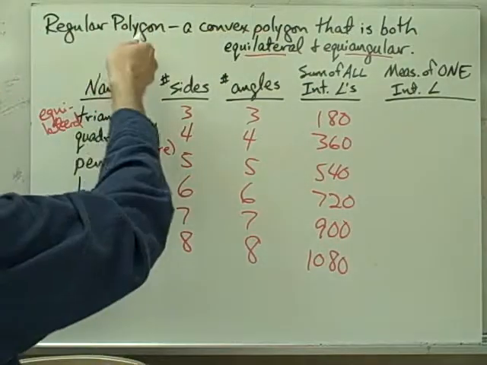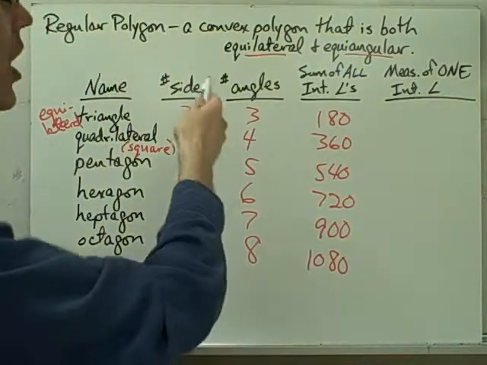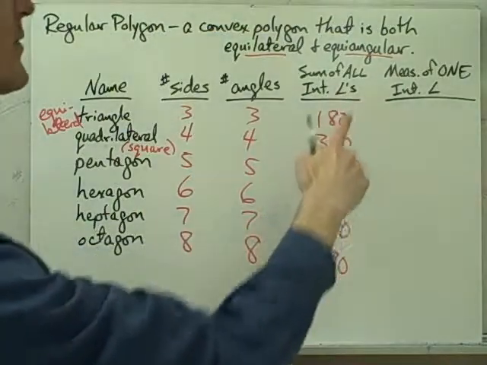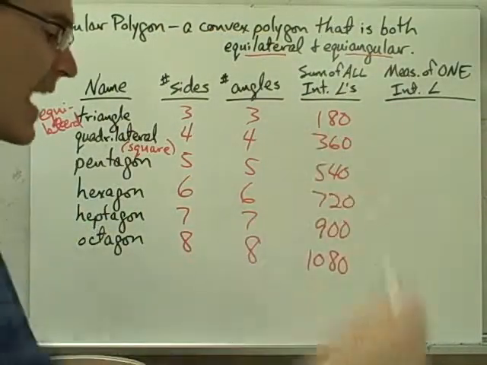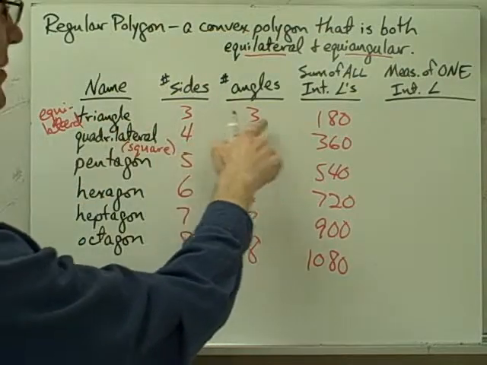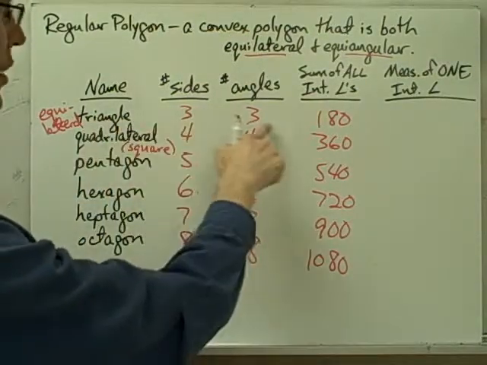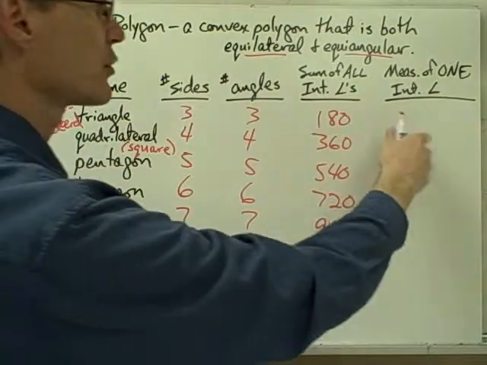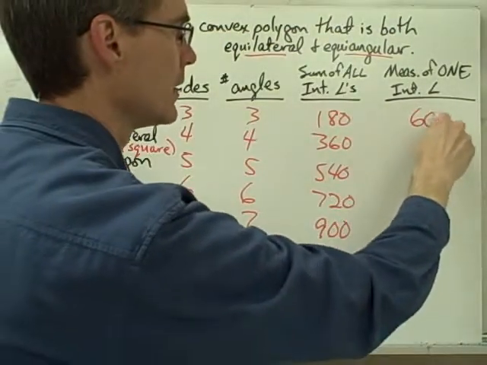Well, for a regular polygon, all of the angles are the same. Since all of the angles are the same, if I have a regular polygon that has 3 angles, like a triangle, and I know the sum of all those interior angles is 180, I know the measure of just one is 60 degrees.